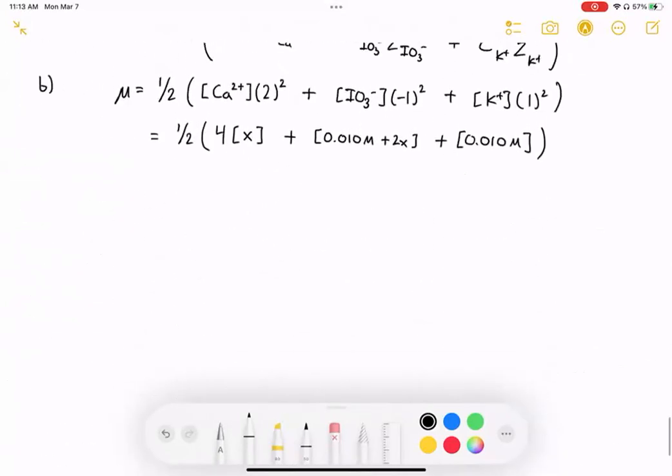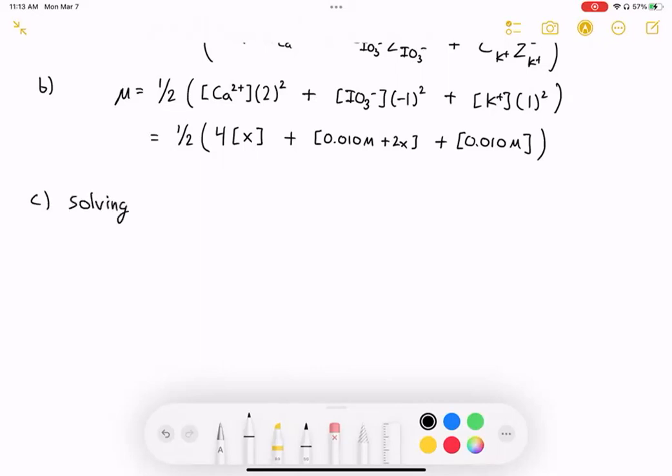Now we plug that in for x. So doing that, we will now solve for ionic strength in part C of our example. So here we're solving for ionic strength.